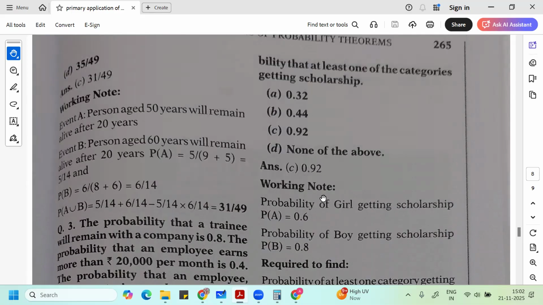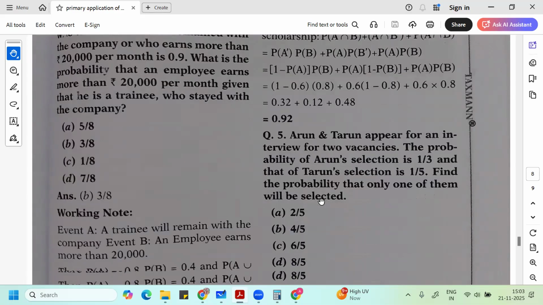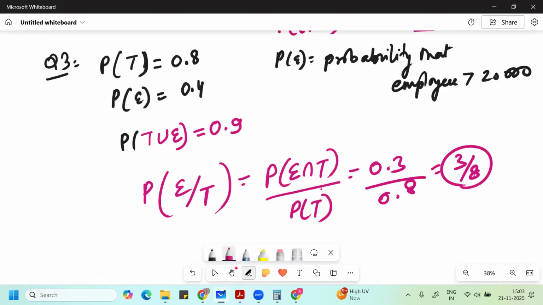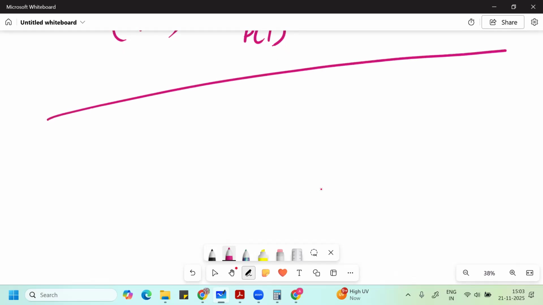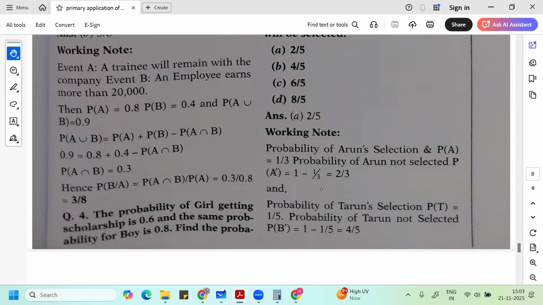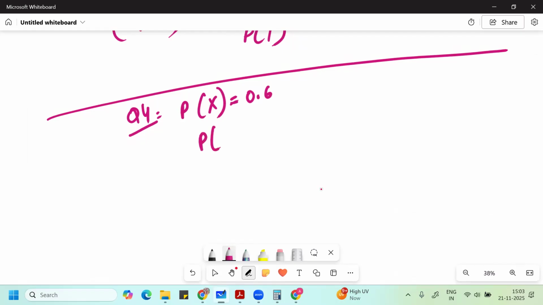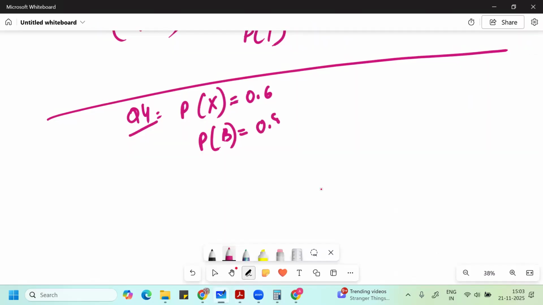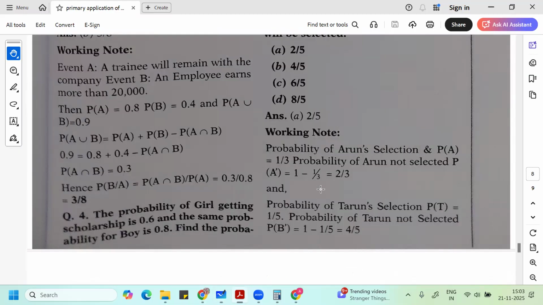Question number 4. What is question number 4? The probability of a girl getting a scholarship is 0.6. Suppose that is given to you as 0.6, and for a boy it is given as 0.8. The probability that the boy gets the scholarship is 0.8 and the girl gets the scholarship is 0.6.